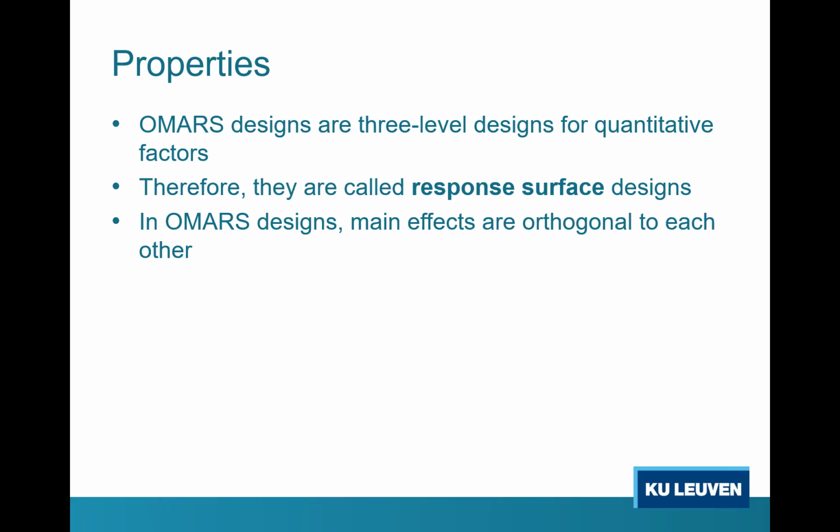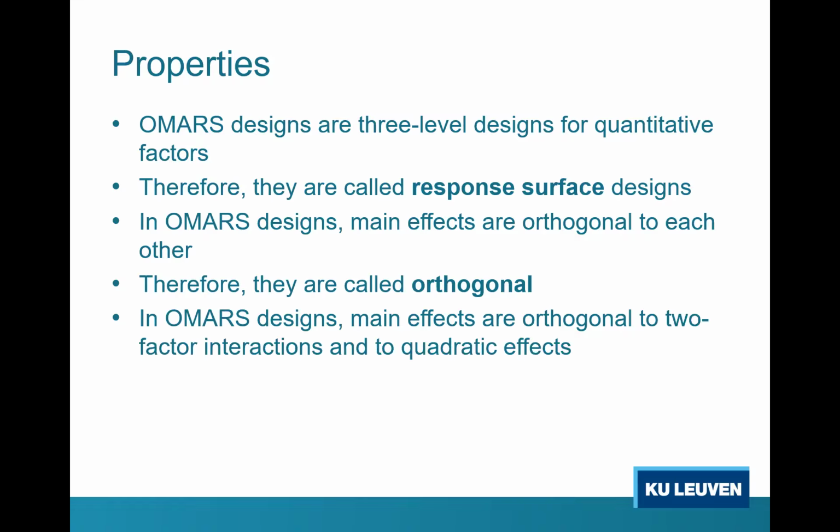We call the OMARS designs orthogonal because the main effects are uncorrelated with each other, just like in these traditional response surface designs as well. So that's where the O comes from.